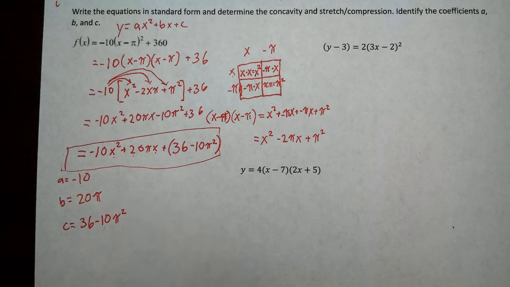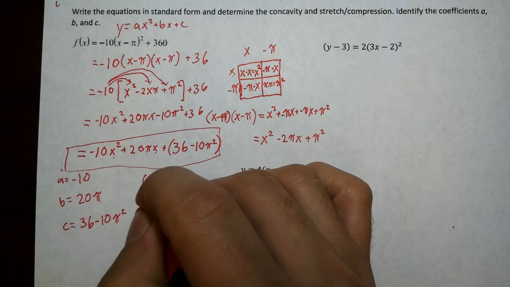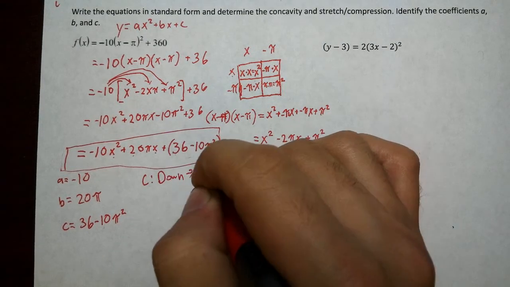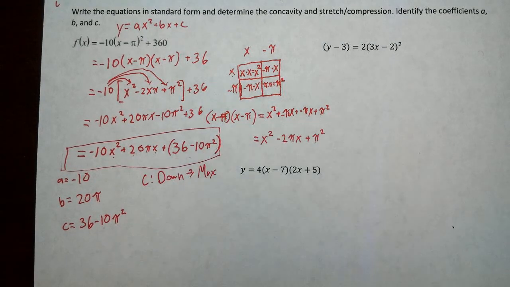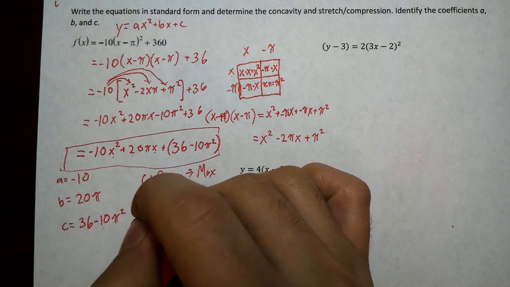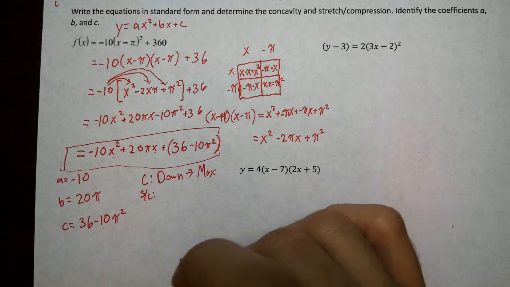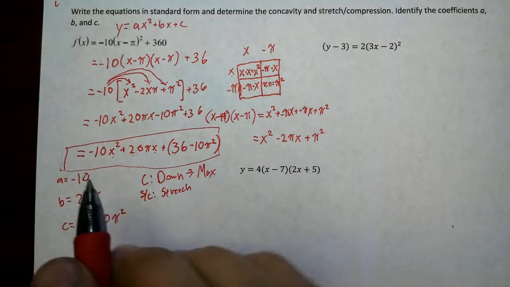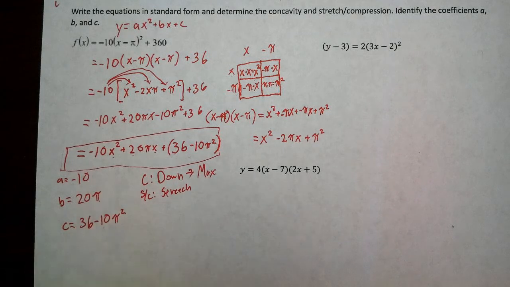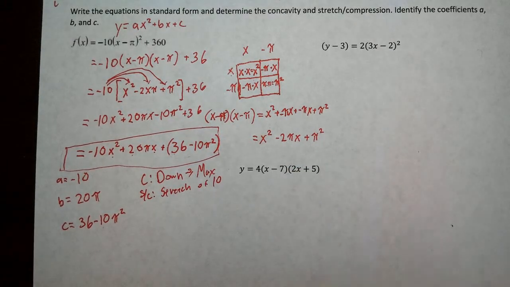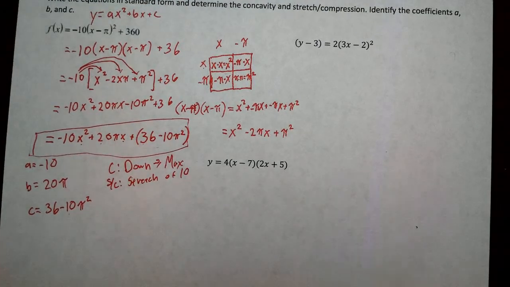We see a negative 10, so concavity is going to be down, which means we will have a maximum. And the stretch slash compression is going to be a stretch, because we have 10, which is greater than 1, so a stretch of 10. Beautiful.